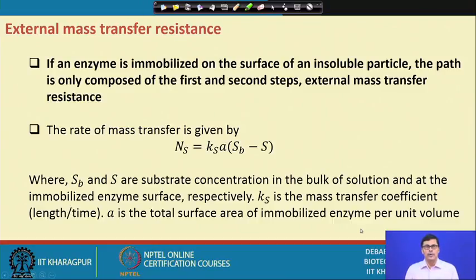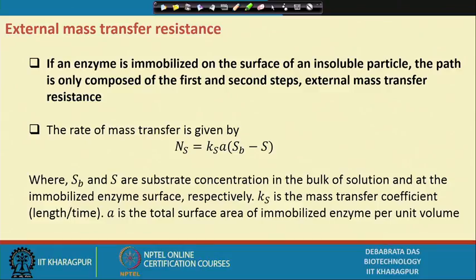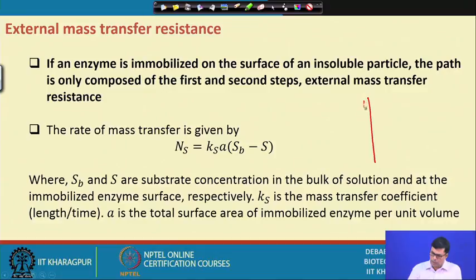Now, the question comes: how can you calculate the external mass transfer resistance? Here I want to point out that suppose this is a solid matrix and enzymes are immobilized on it. This is the bulk substrate concentration.